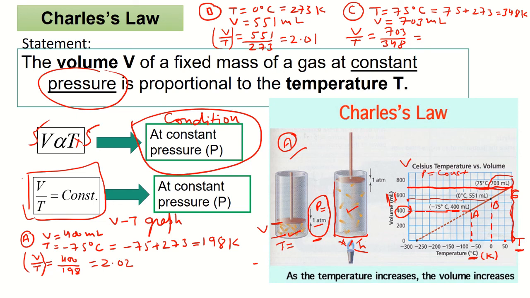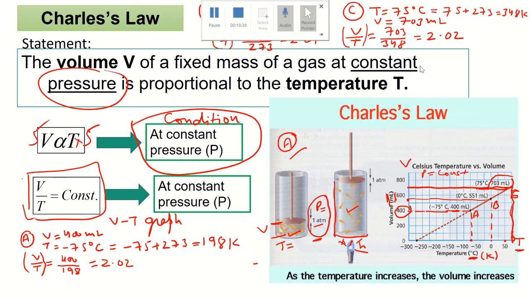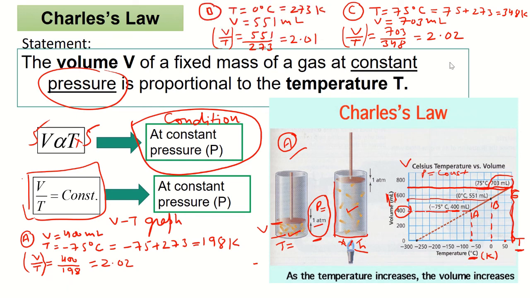So this is coming 2.02, and this is the ratio of the volume and the temperature at the different point. Now let's do the analysis at point A, point B and point C on the graph.